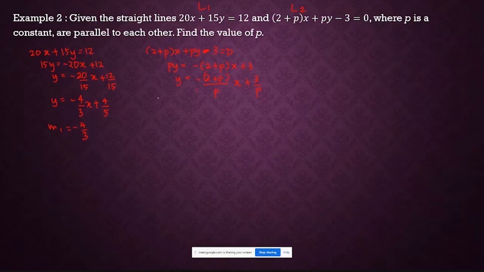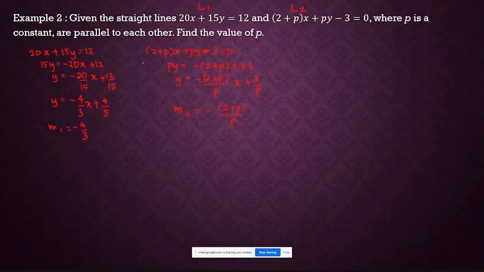Now for the second line, our equation y equal to mx plus c, so our m for the second line is negative 2 plus p over p.